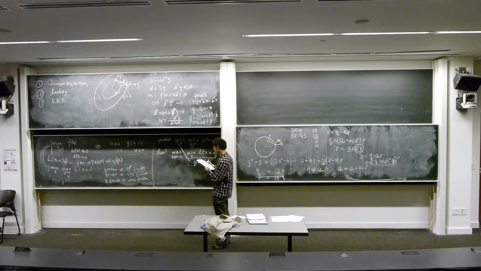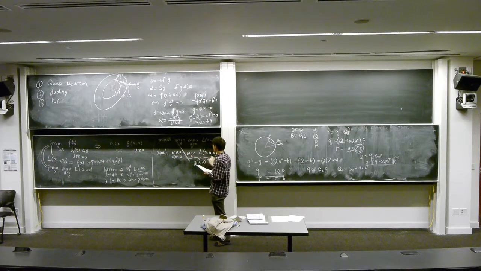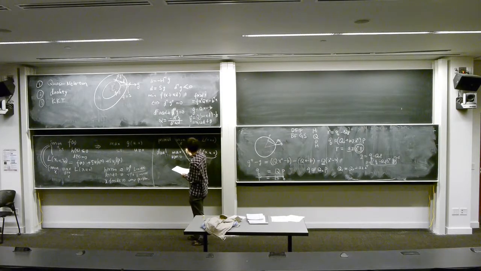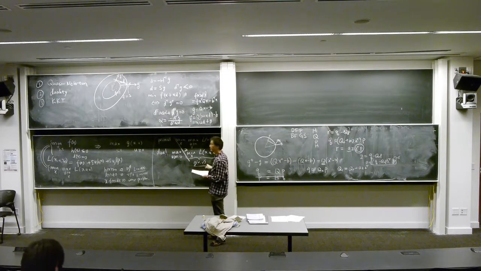So you have a bigger space to explore in here than in here. You have more functions to consider in the lower line. So that means for this part, this primal objective is greater than the dual objective.